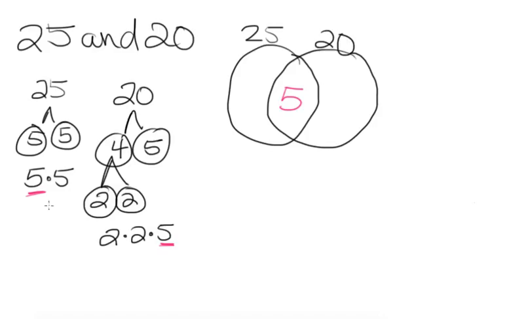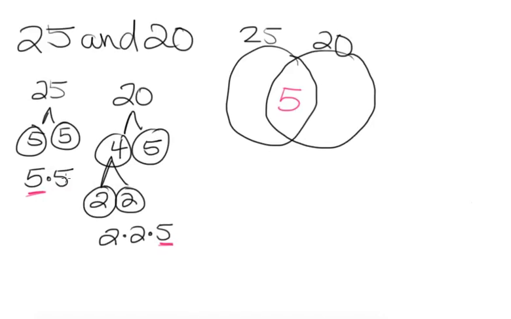Then I'll go through and write 25's leftover numbers on the 25 side, which is a 5. And I'll write 20's leftover numbers, a 2 times 2, here. And that means that the GCF of 25 and 20 is just 5. There's no products to find, it's just one number. So 5 is the GCF.